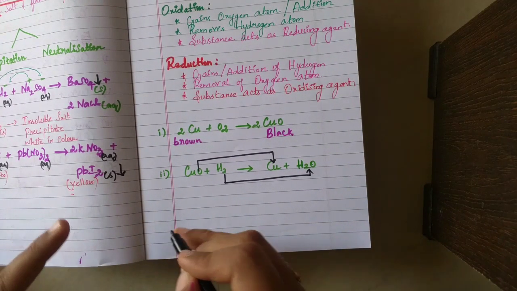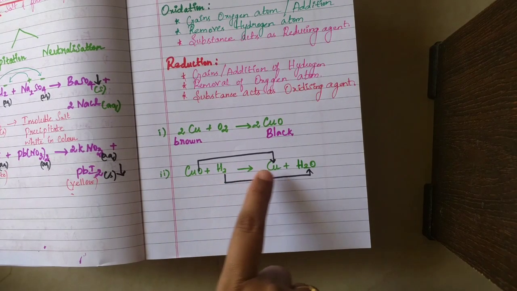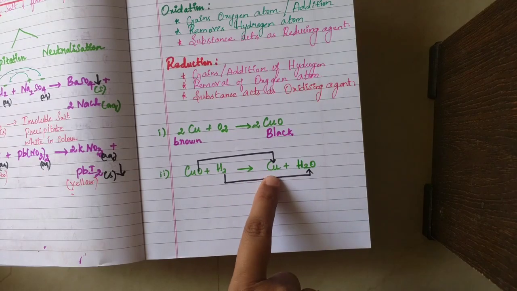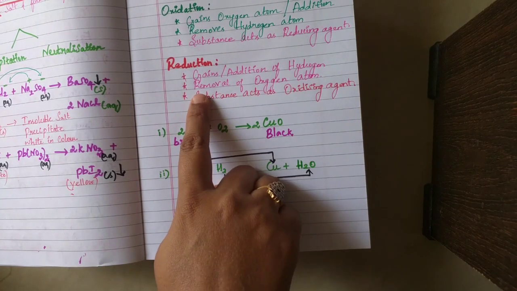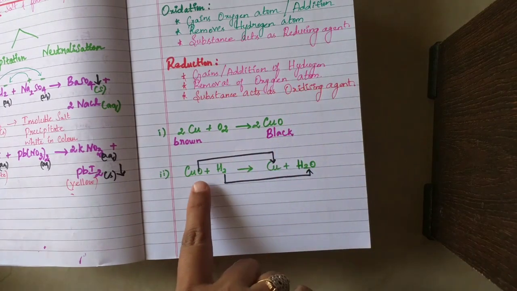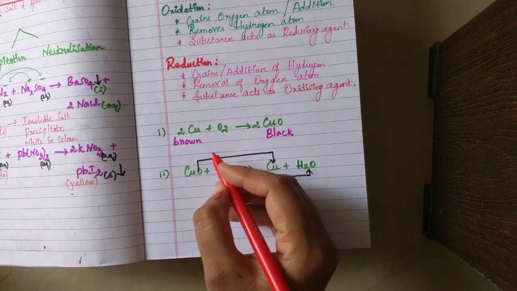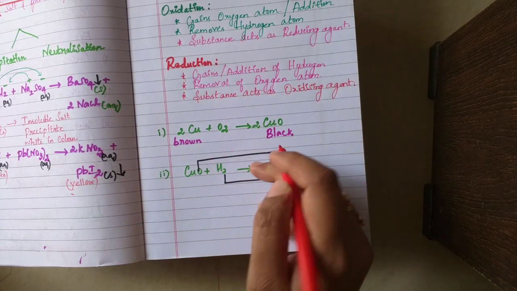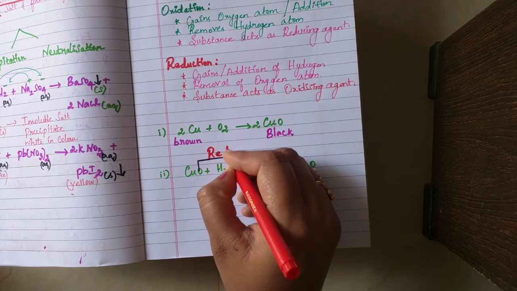First compare reactant and product. Here oxygen is present, and in the product there is no oxygen. So oxygen is removed, right? In which reaction is oxygen removed? In reduction, removal of oxygen. That means CuO is reduced. Clear students? Removal of oxygen means the reaction is reduction.